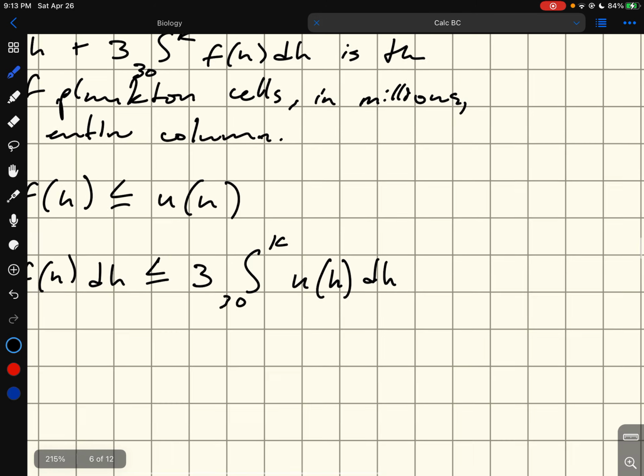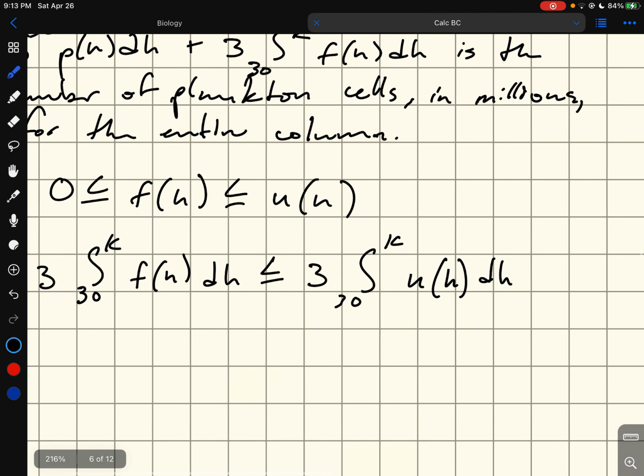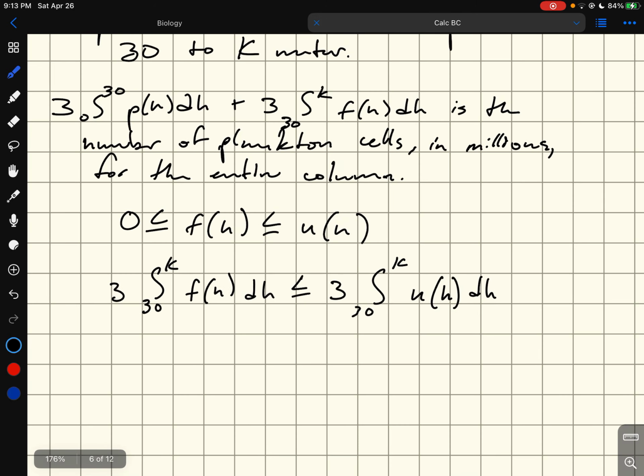Because remember, u is greater than f. So if we used u to explain the number of plankton from a depth of 30 to k, this integral would be bigger than this integral.